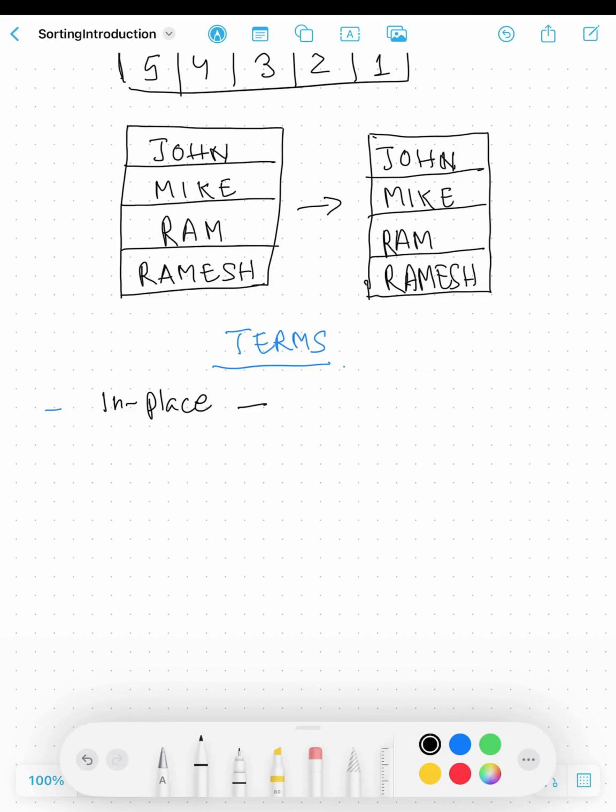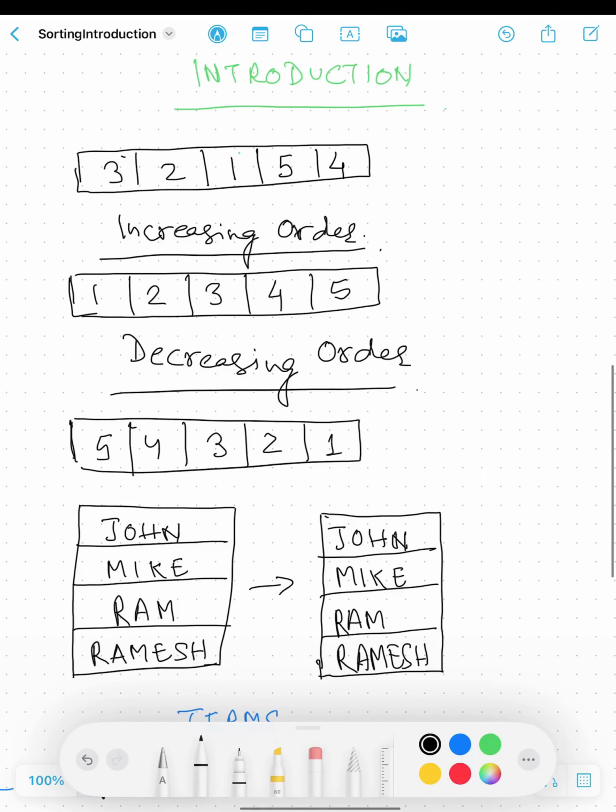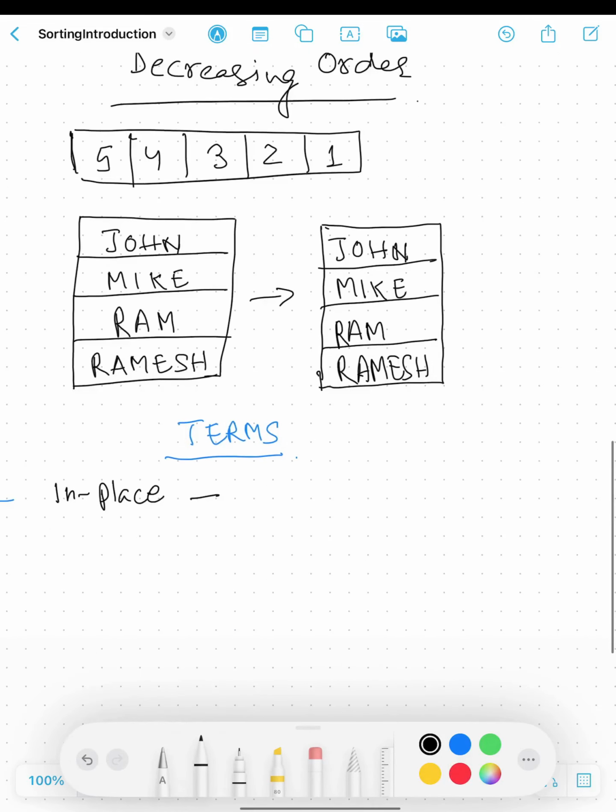In place sorting means we are going to sort the data in the same storage and we are not going to use any extra storage. Which means if we look at this array of integers, we are going to sort this array of integers in the same storage and not going to use any other storage.